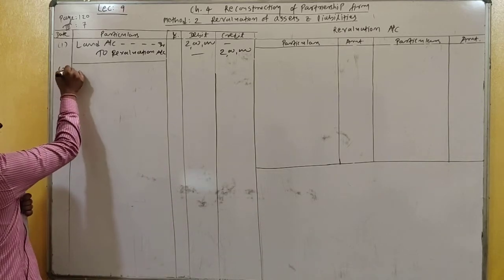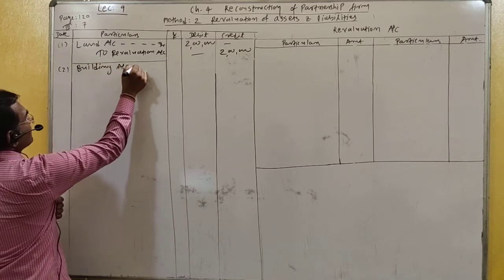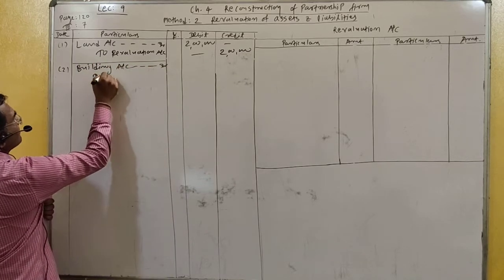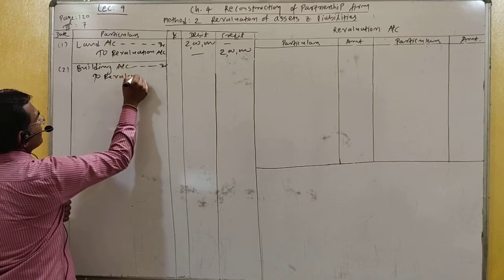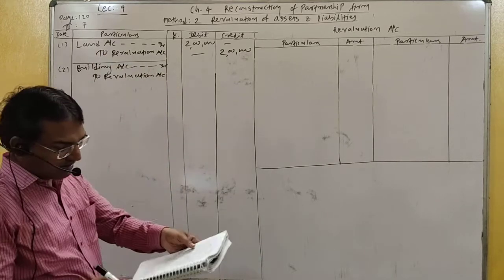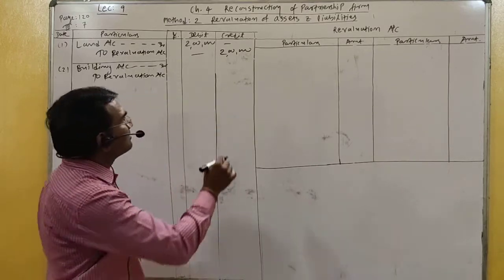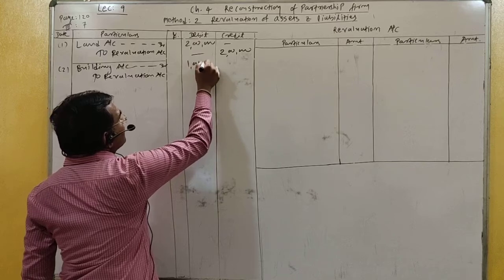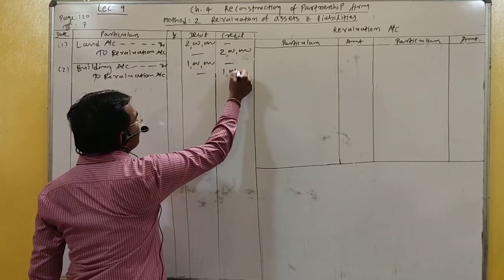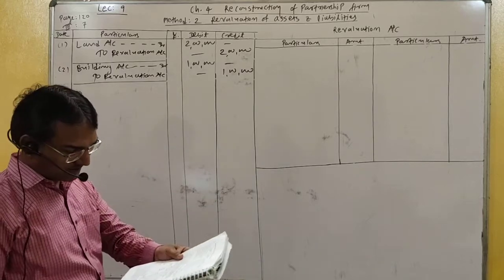So your second journal entry, building account debit to revaluation account. Here direct increase in building is given, 1 lakh. So building account debit 1 lakh to revaluation account 1 lakh. Right? This is your second entry.